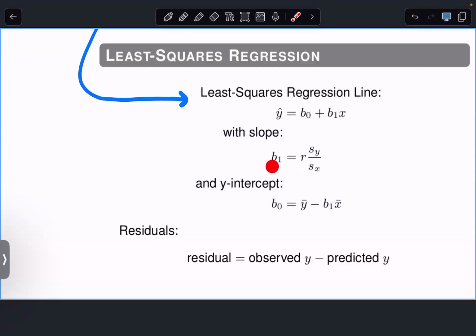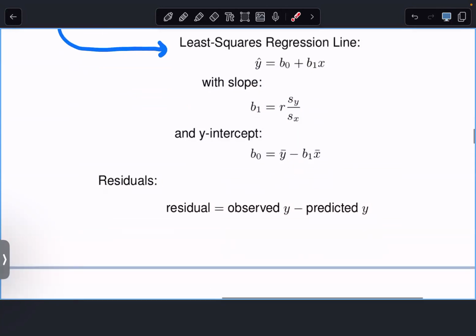And so here it tells you that b1 is the slope, right? Why do I have to find the slope first, even though it appears second in the equation? Well, it's because I need it to find the intercept. Kind of a fun fact.